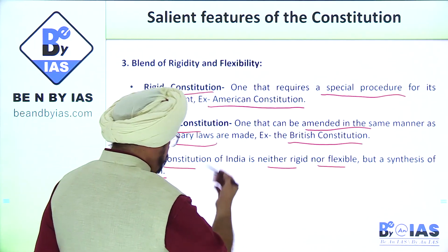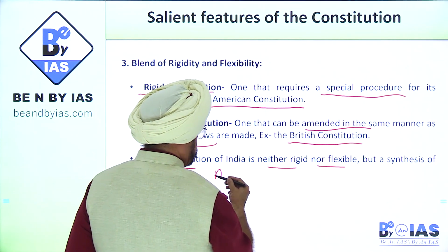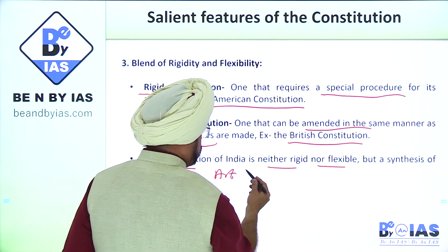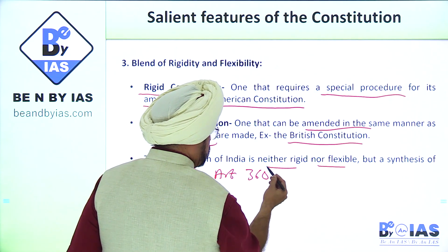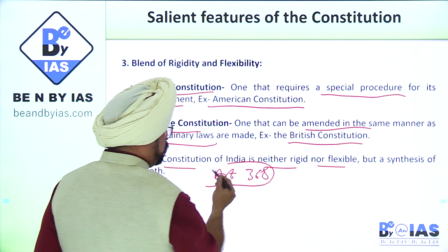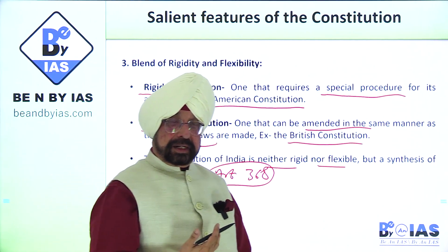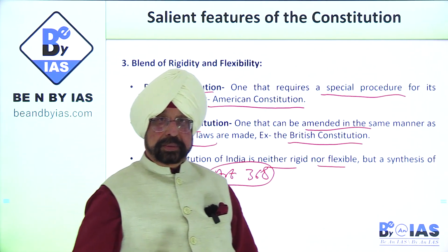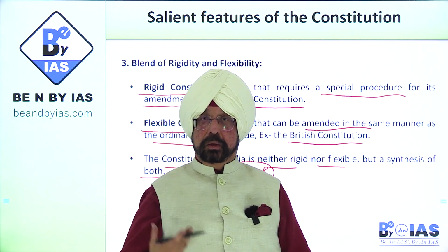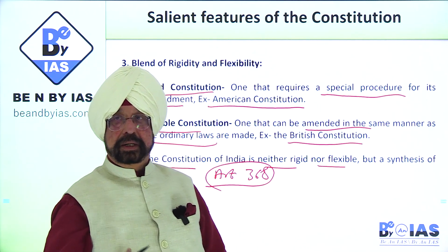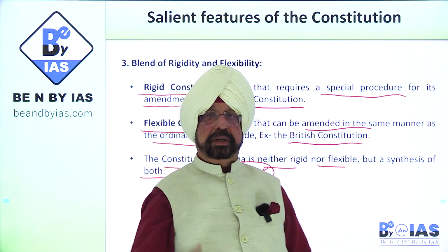How? We will see under Article 368, which deals with the amendment of the Constitution. Under this article, as interpreted by the judiciary, the Parliament can amend any part of the Constitution.